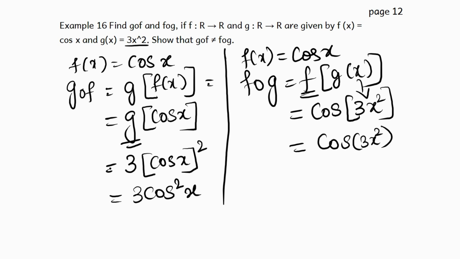So cos 3x² is not equal to 3 cos² x. So they are not equal.